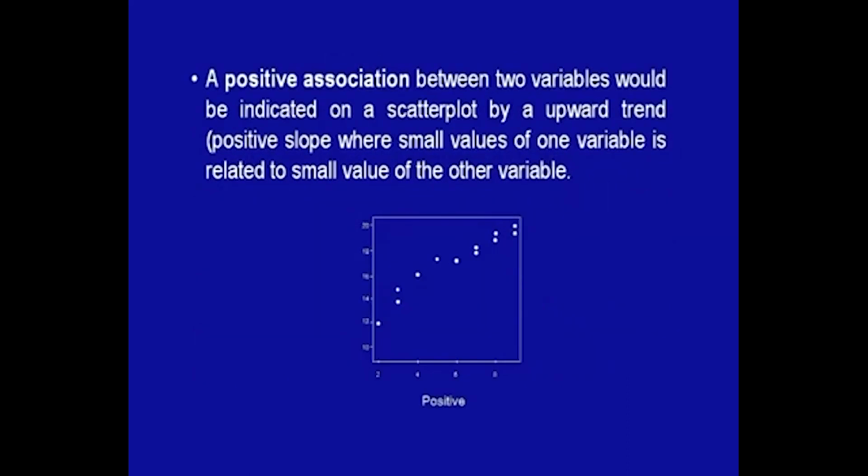The scatter plot, based on its trend, can be categorized as positive association between two variables, wherein we would find an upward trend, that is a positive slope, where small values of one variable is related to the small value of the other variable.